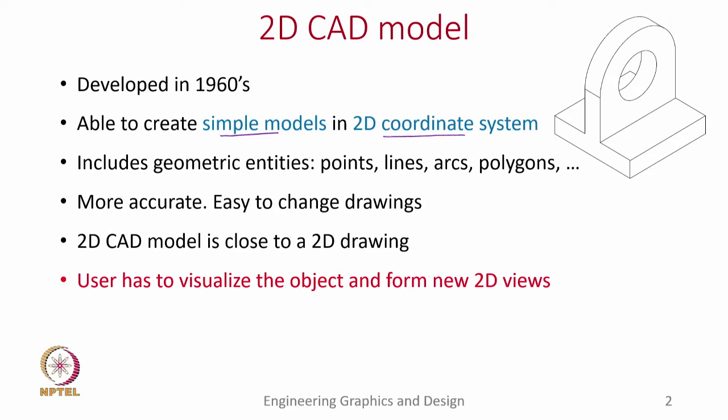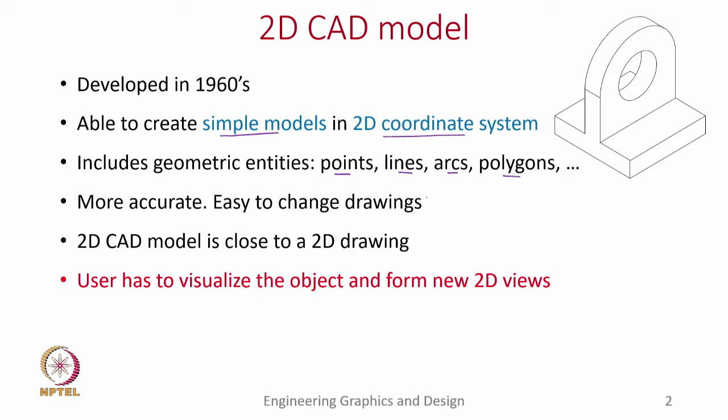For every feature of the object, like a straight line, curve or a surface, we see what the endpoints of the line are and then join those lines using computer graphics. So, we use different geometric entities like points, lines, arcs and polygons to depict the complete object.